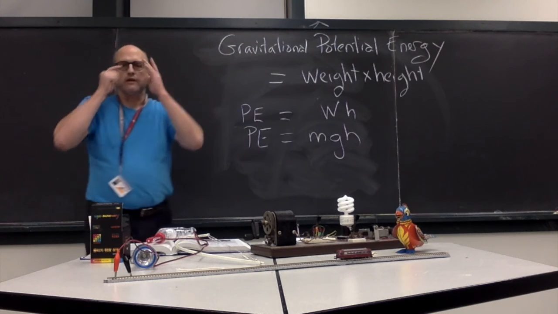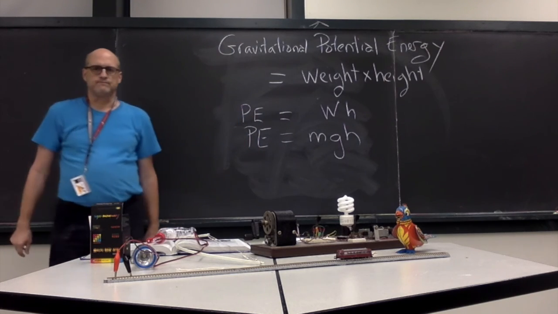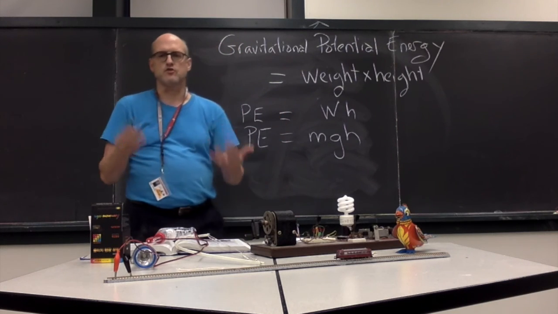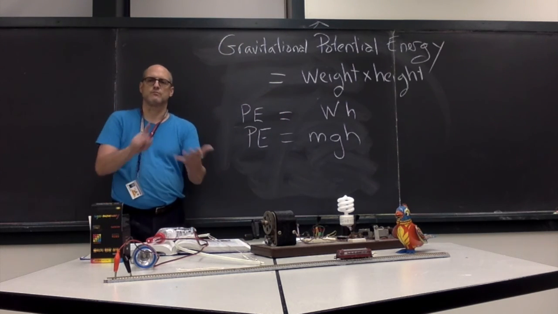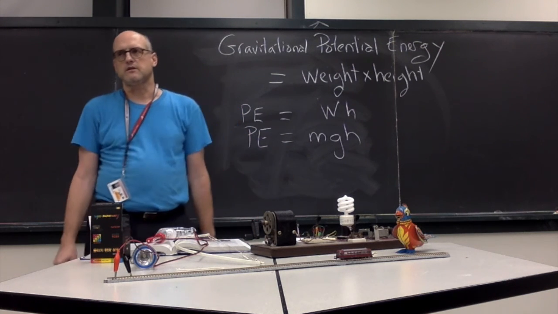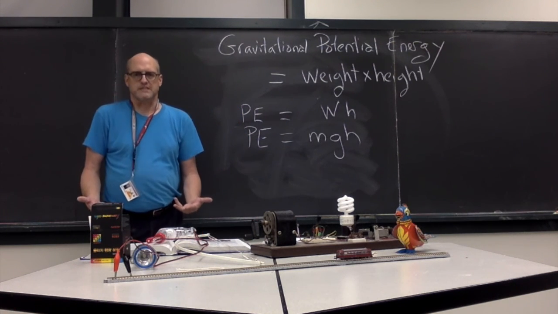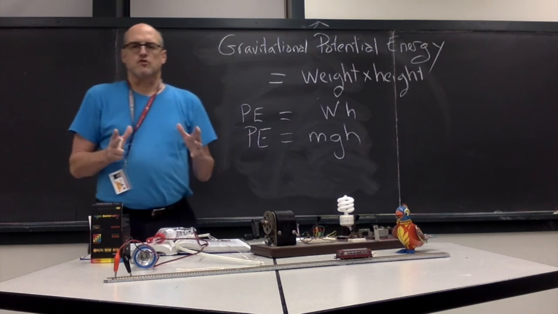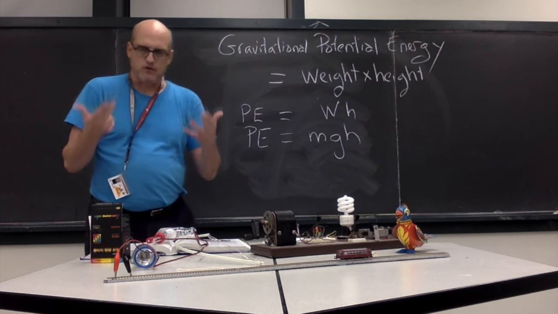The next form of energy that I'd like to talk about is kinetic energy. Okay, so then that will conclude our two types of energy that we'll be studying in this chapter: potential energy and kinetic energy. Potential energy is sometimes referred to as energy of position. Kinetic energy is energy of motion.